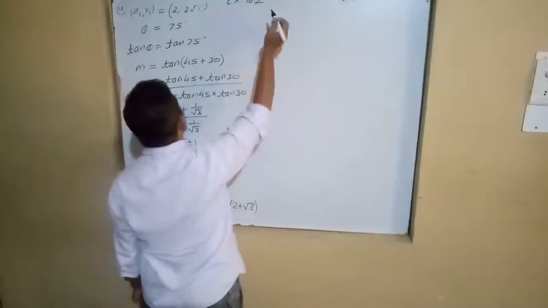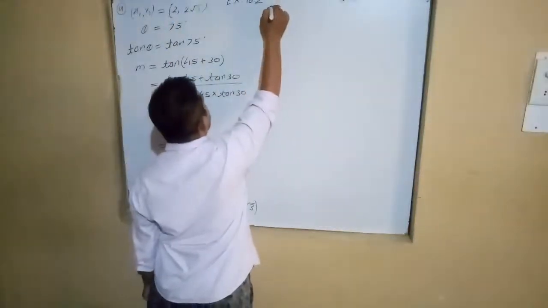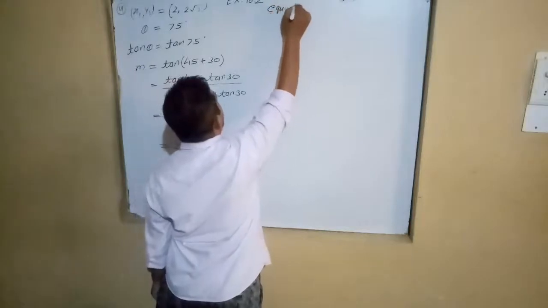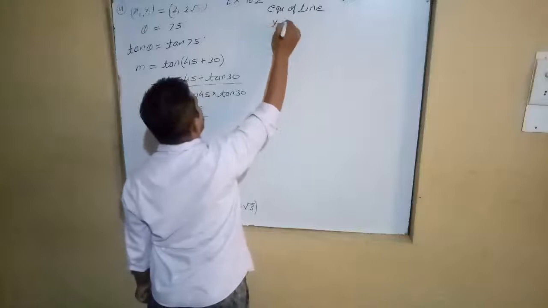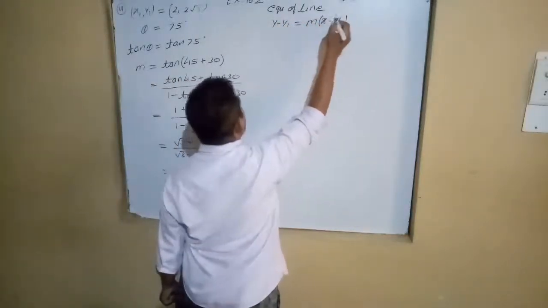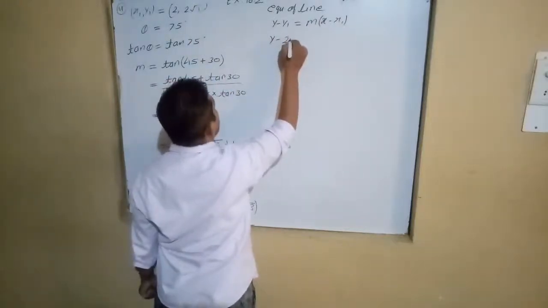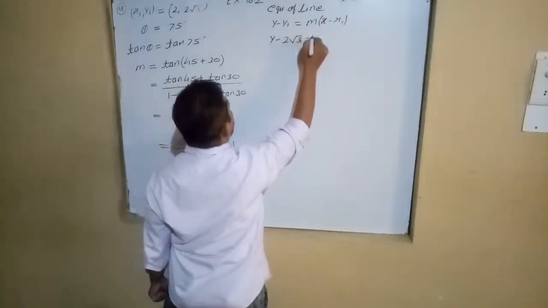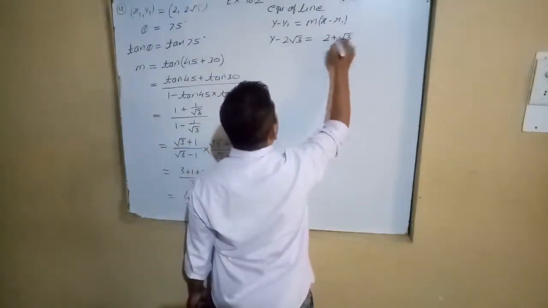Now we find the equation. We write the equation of line. We can write y minus y1 is equal to m into x minus x1. Simple. So y minus, what is the value of y1? 2 root 3, is equal to m. What is m? 2 plus root 3.